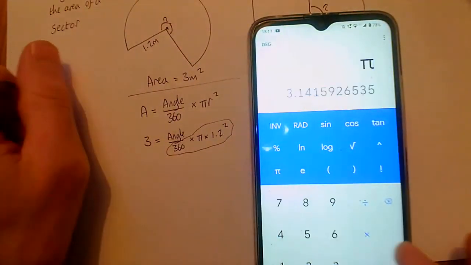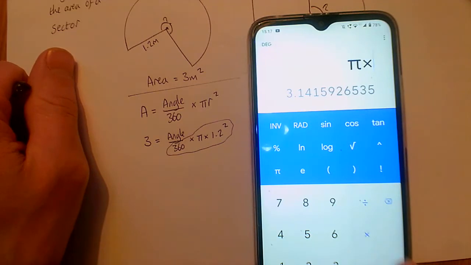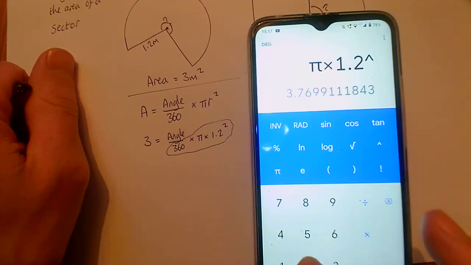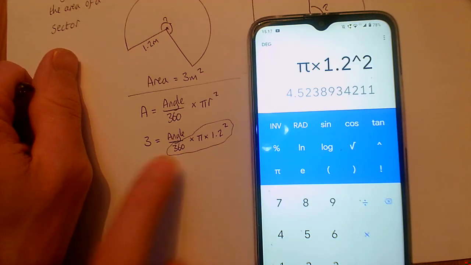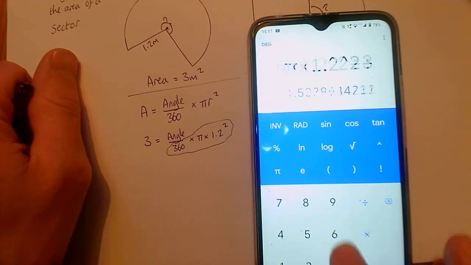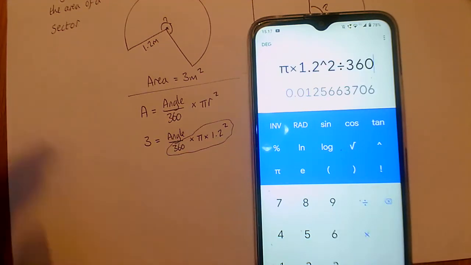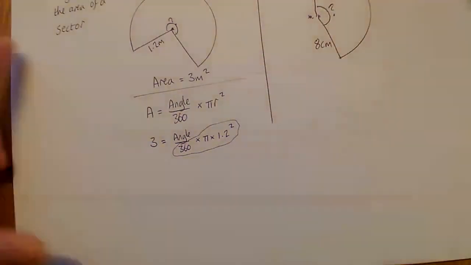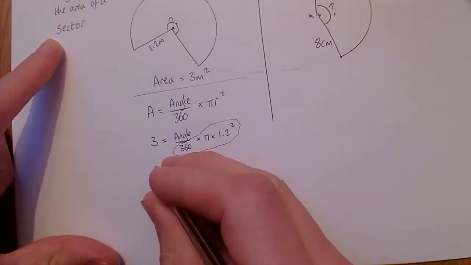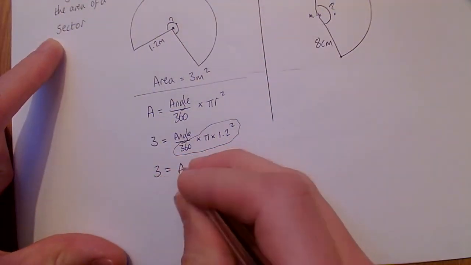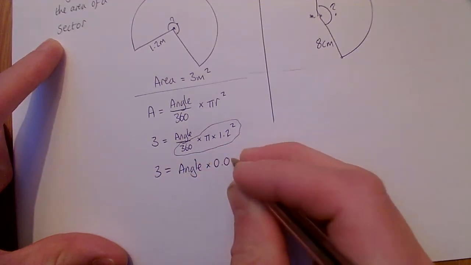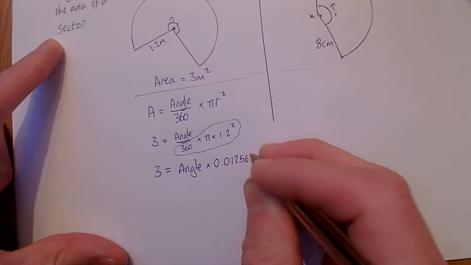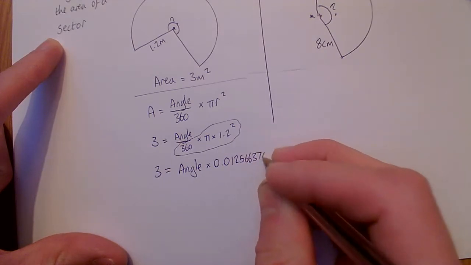That is pi times 1.2 squared, and then we're dividing by the 360 because it's on the bottom line of a fraction. That gives us 3 is the angle times 0.0125663706.